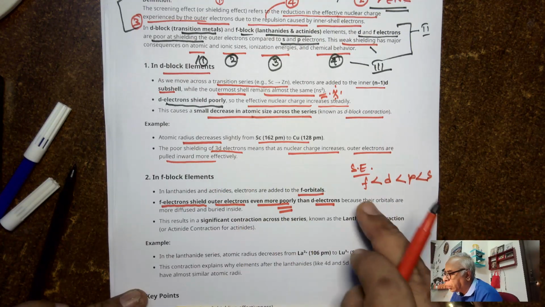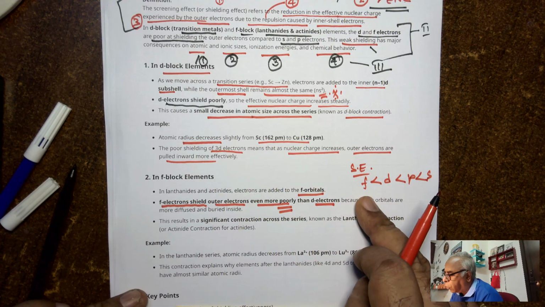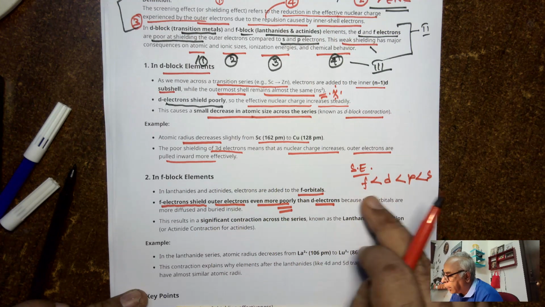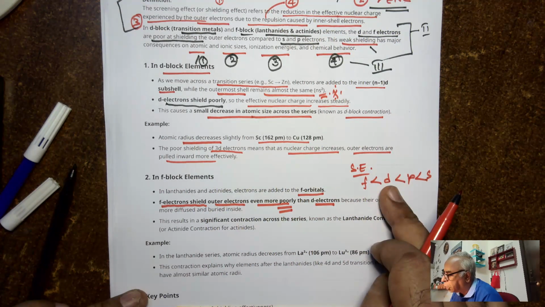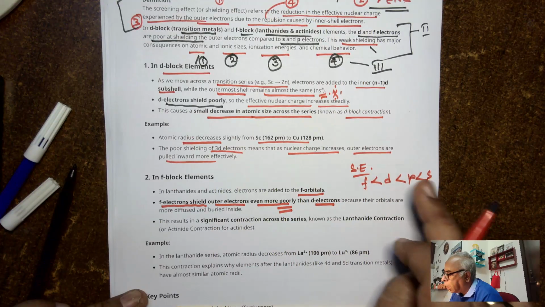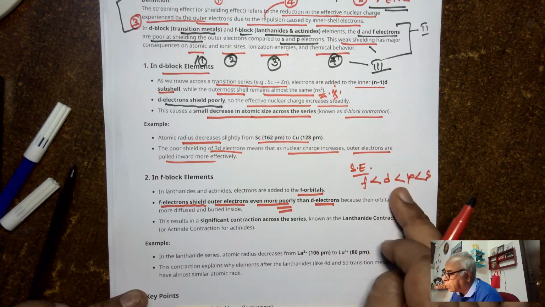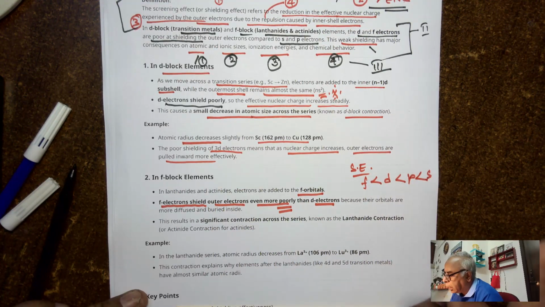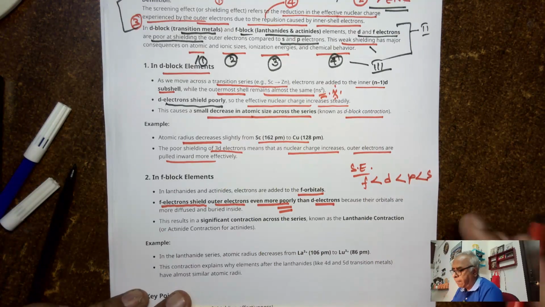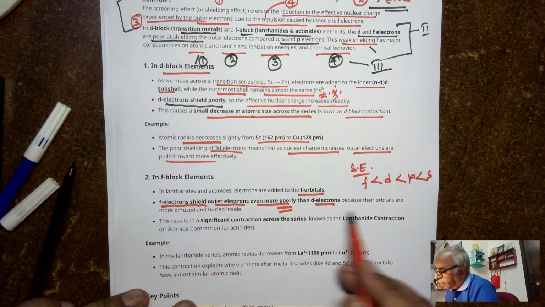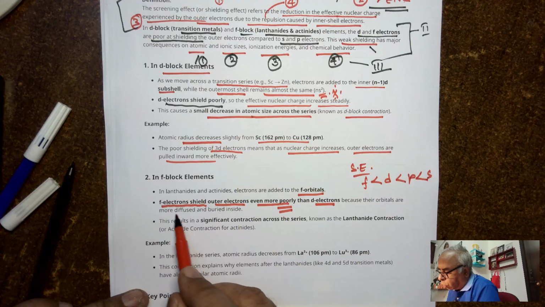Do you understand? So f orbitals have poorer shielding effect than d orbitals. d orbitals have poorer shielding effect than p and s, and p has less than s. It means s has the highest shielding effect, because the orbitals are more diffused and buried inside.